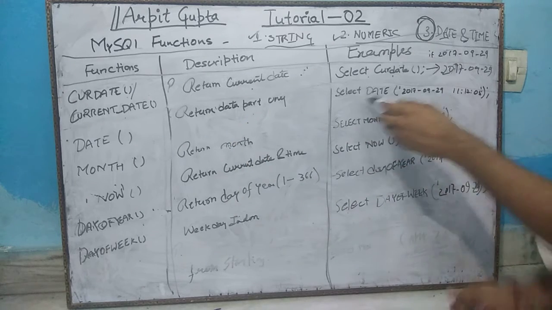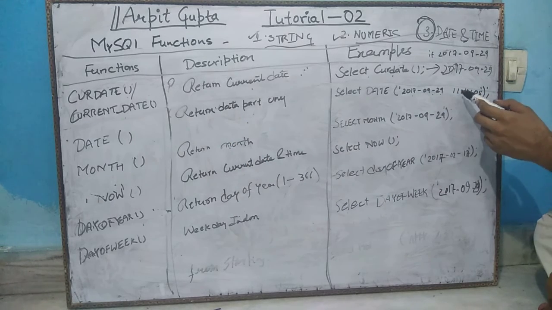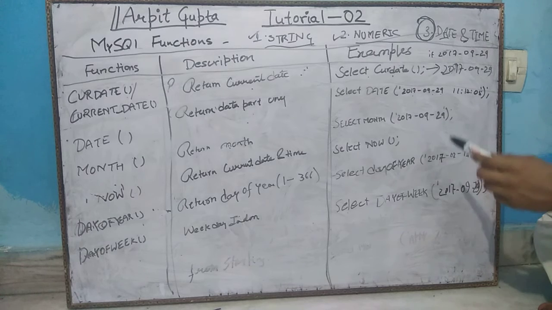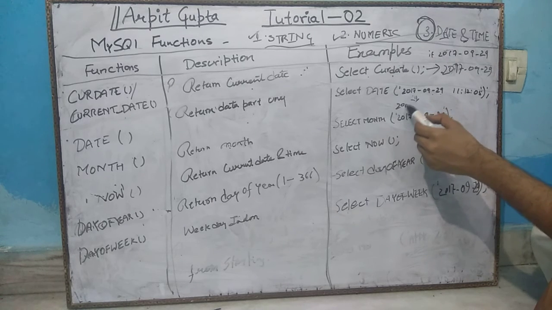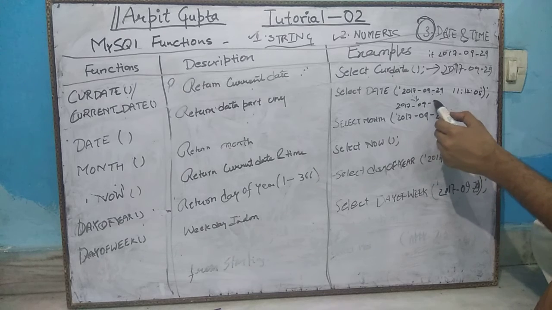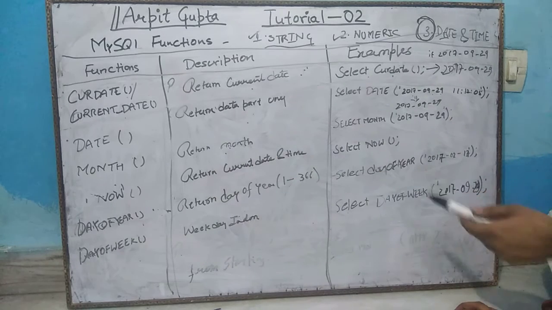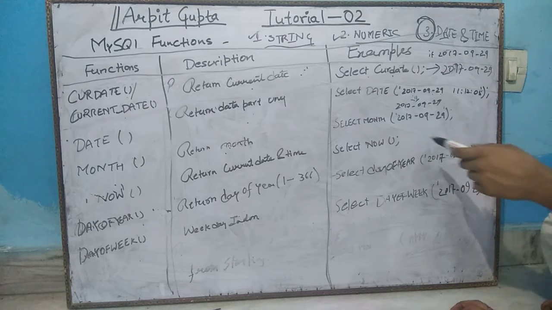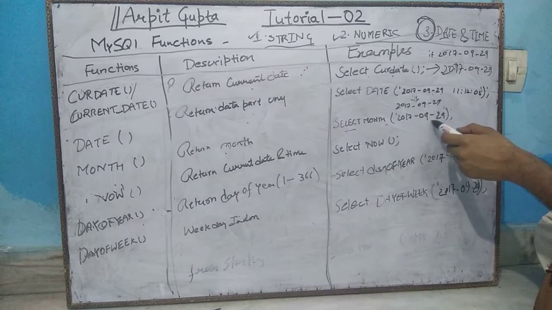For example, select date 2017 09 29, time is 11:12:05. It will give output as 2017 09 29. Month returns the month of the query. For example, select month 2017 09 29.